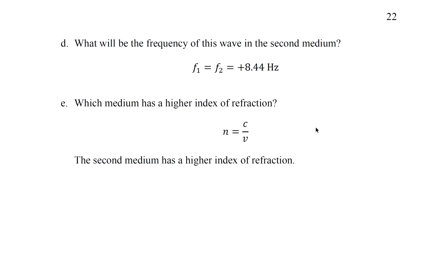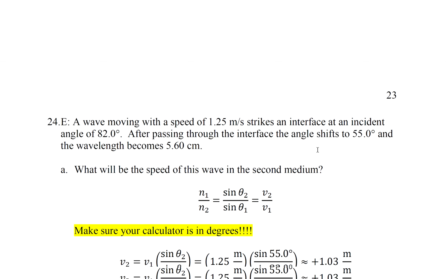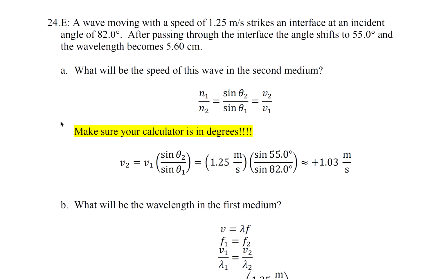Part E, which medium has a higher index of refraction? So n equals c over v, the second medium has a higher index of refraction. Question 24. A wave moving with a speed of 1.25 meters per second strikes an interface at an incident angle of 82 degrees.